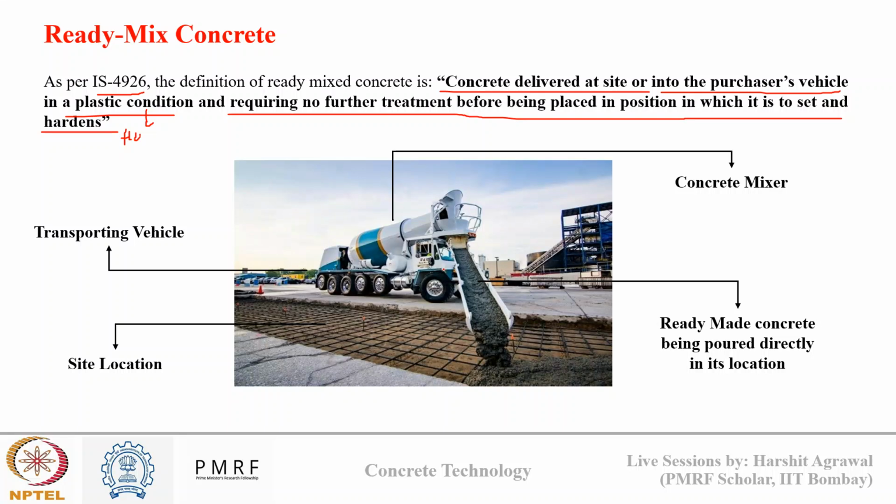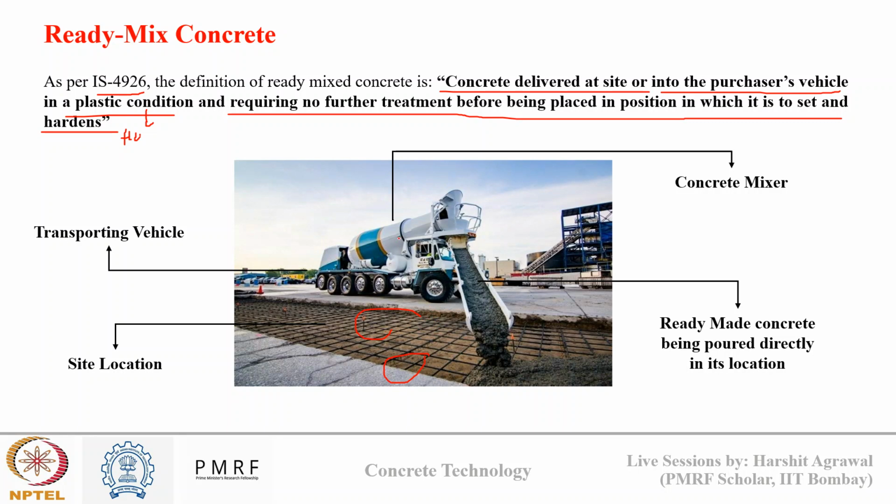So we can understand this through this image also. Here you can see we have a site location where we need to pour the concrete, either during the construction, or it can be during some post construction repair work also, where we need concrete.